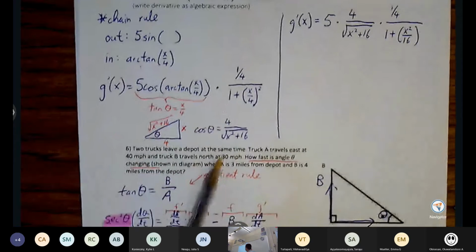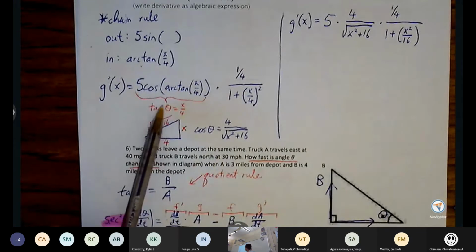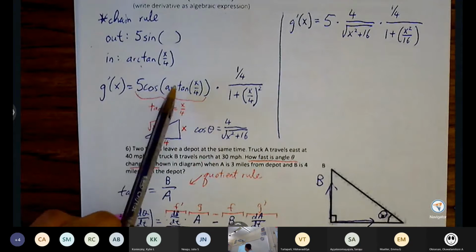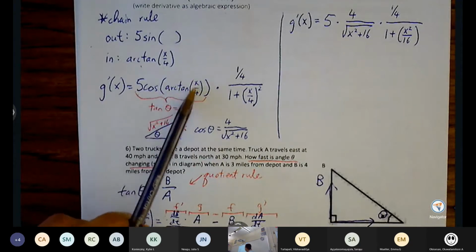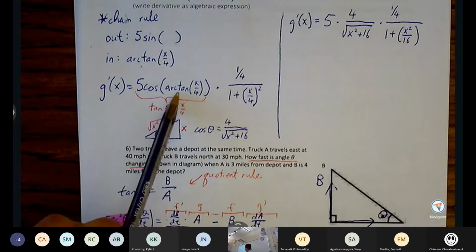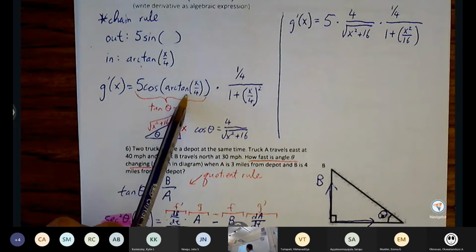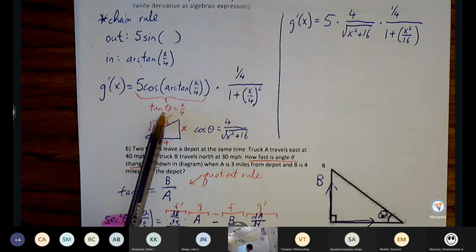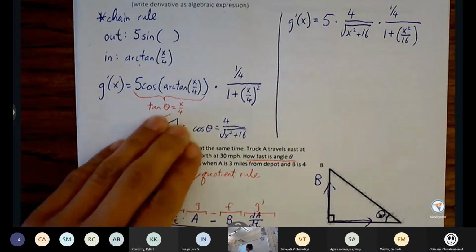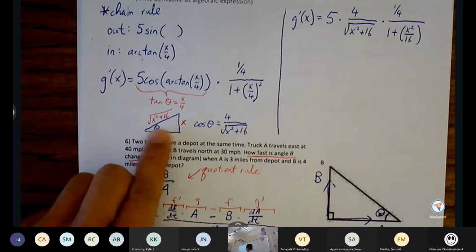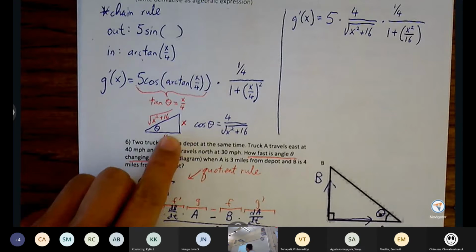So to do that, we're going to create a triangle based off of this. So basically saying, what is the cosine of a triangle whose tangent of theta is equal to x over 4? So from that arctangent of x over 4, we can create a triangle where tangent of theta equals x over 4. So tangent of theta is equal to opposite over adjacent.